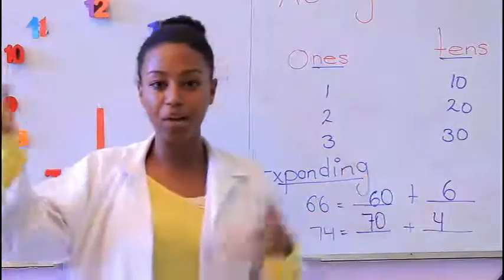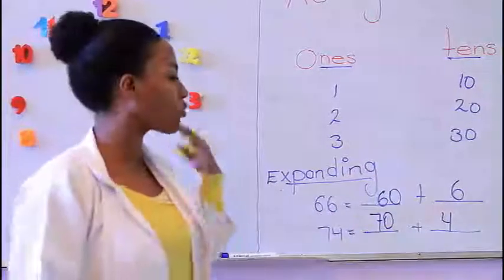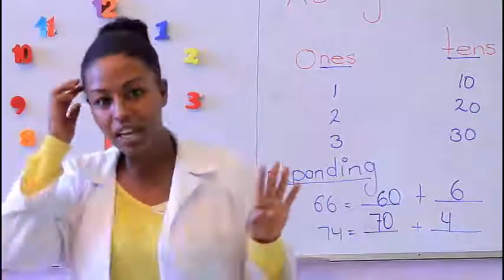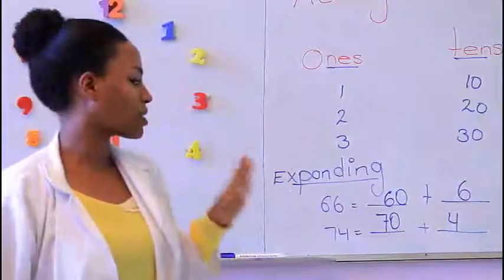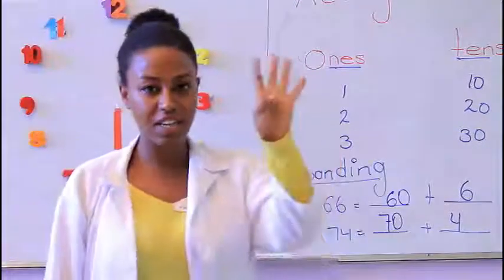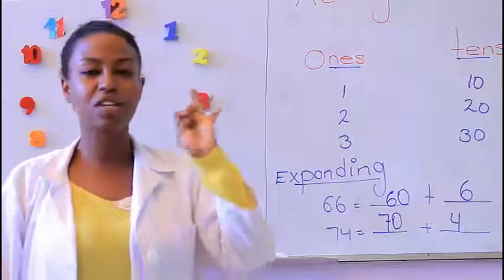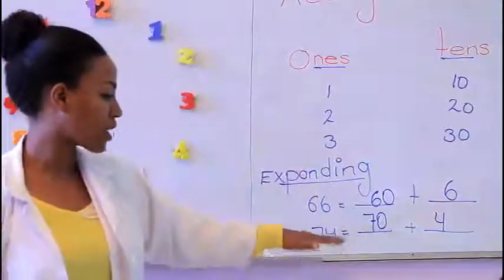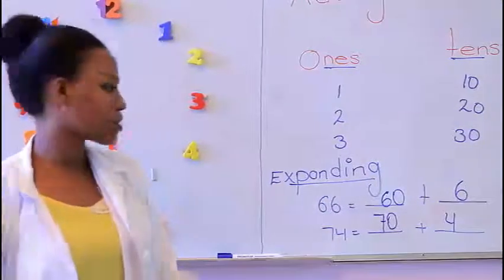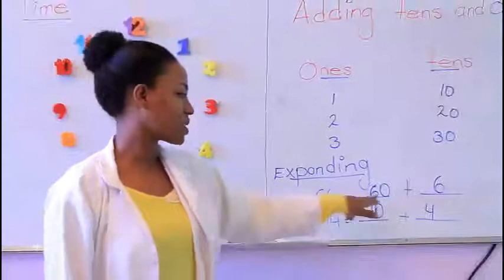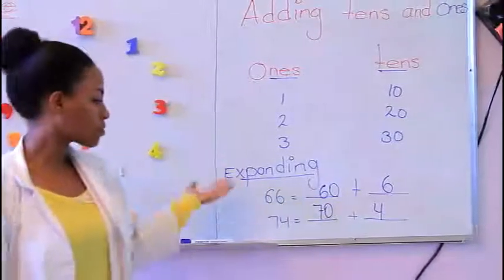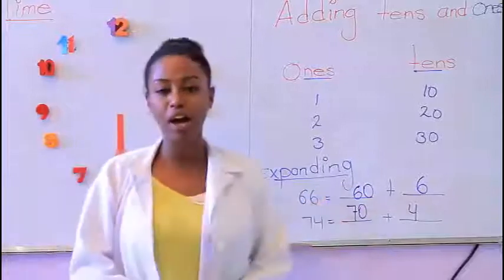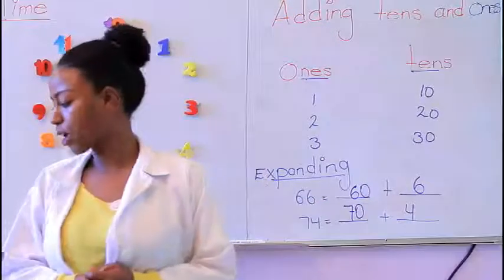Put the bigger number in your mind and then count forward by putting 4 at your finger. 70 in my mind, 4 at my finger. 70, 71, 72, 73, 74. So my answer is right. So I can expand the tens numbers like this, and I can check my answer like this, in this way that I have shown you before.